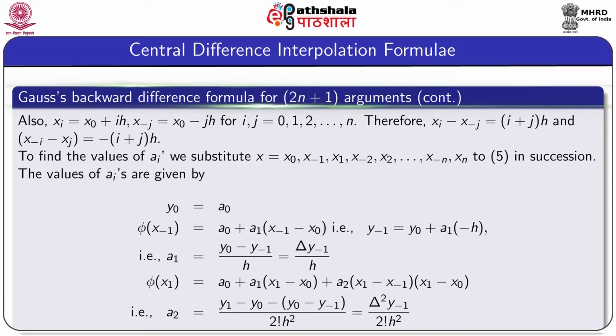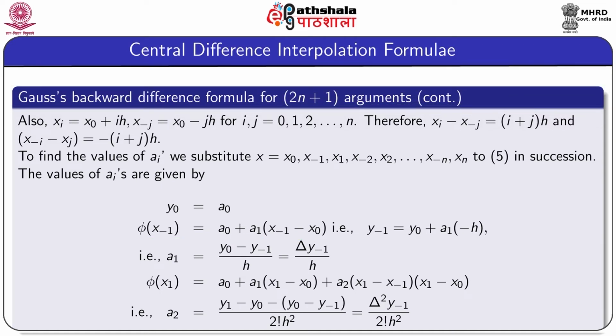Now, to find the values of ai, we substitute x equal to x0 at the beginning, then x equal to x_{-1}, then x1, then x_{-2}, in this order. Maintaining this order, we obtain the value of a0 as y0, and then phi of x_{-1} equal to a0 plus a1 into (x_{-1} minus x0).